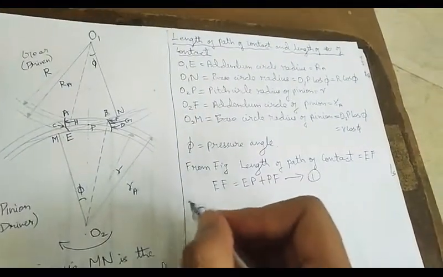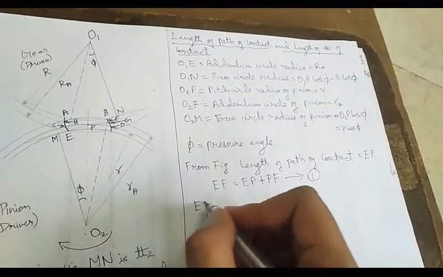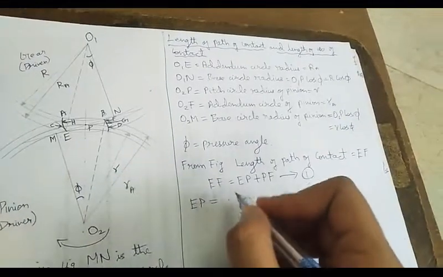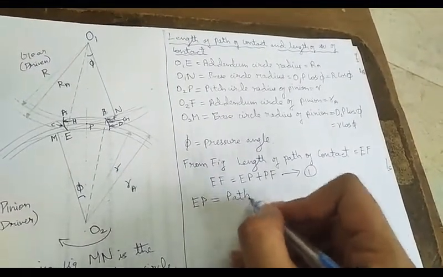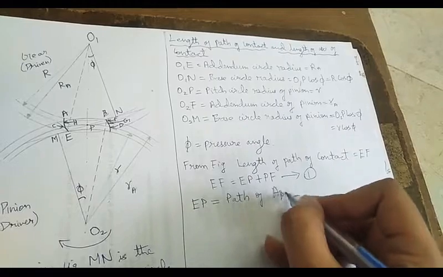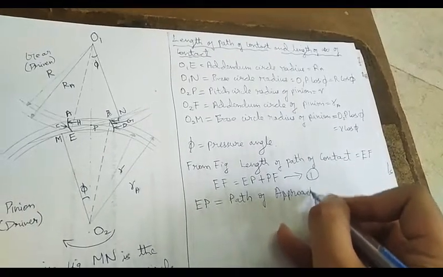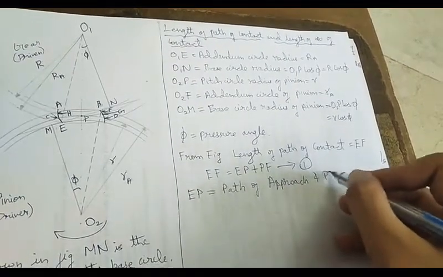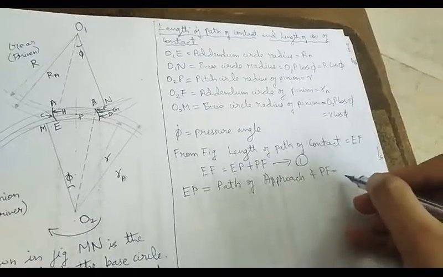Now EP is given by path of approach and PF is given by path of recess.